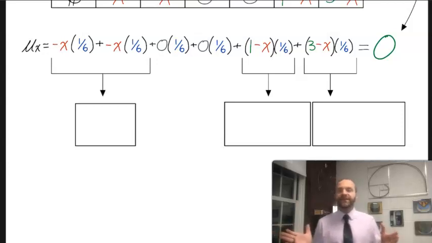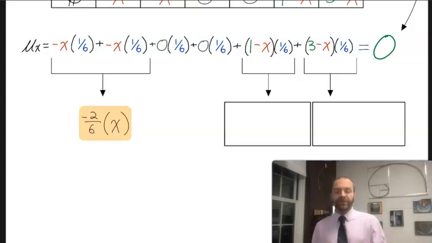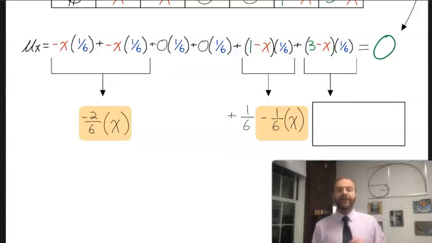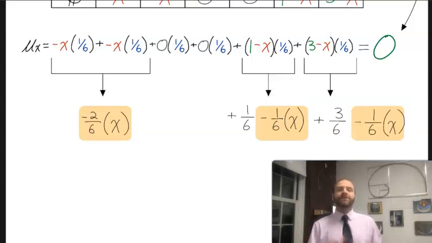So I'm going to combine these together. Anything multiplied by 0 is going to cancel out. So right here, I have negative 2/6x. If I look at the 1 minus x times 1/6, I have a positive 1/6 minus 1/6x. If I have the 3 minus x times 1/6, I have 3/6 minus 1/6x.